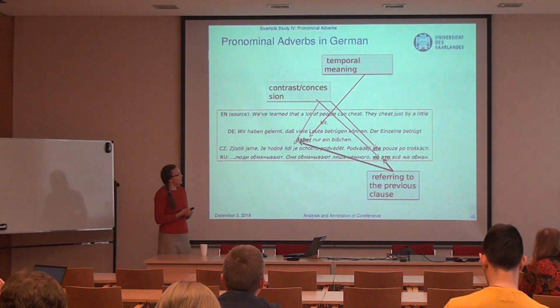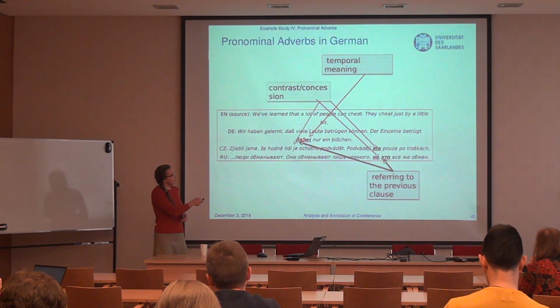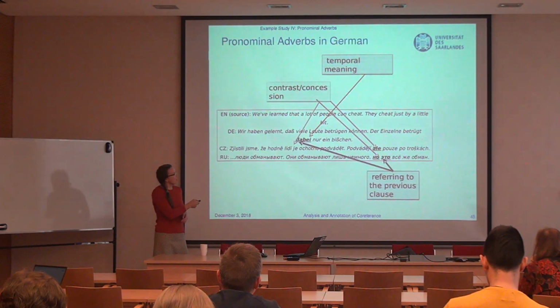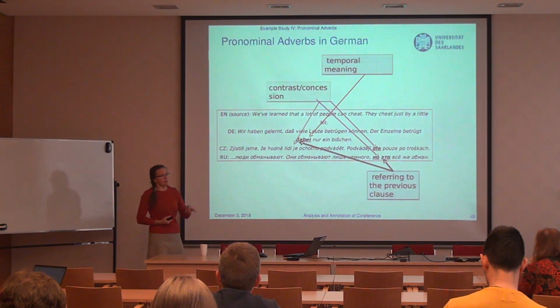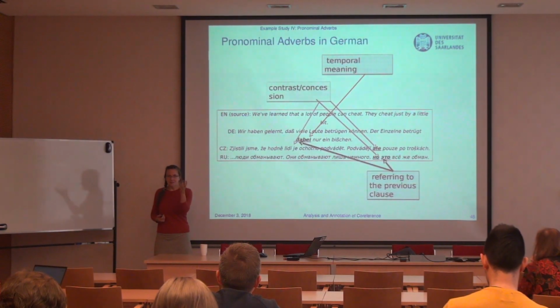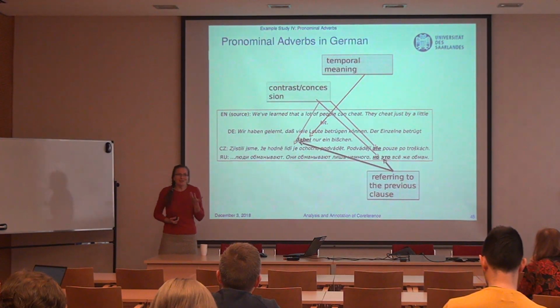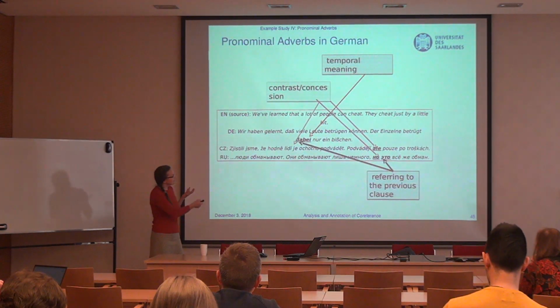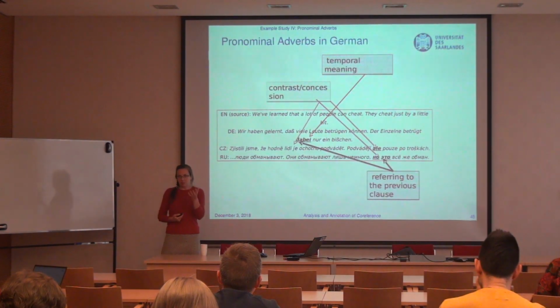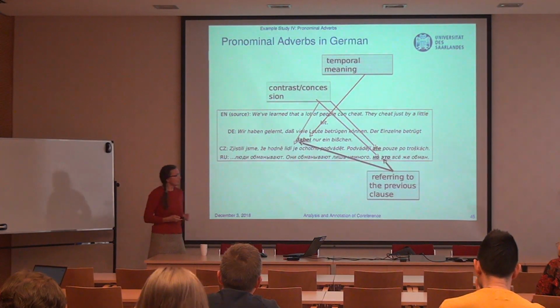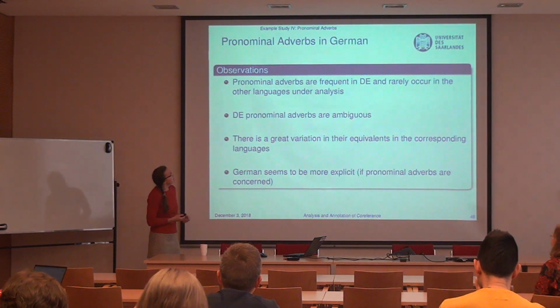And so our procedure was taking parallel data in the 4 languages and extracting only those 4 sentence pairs, and these are not pairs already because you have 4, whose German part contains a pronominal adverb, and then having a look at these cases.